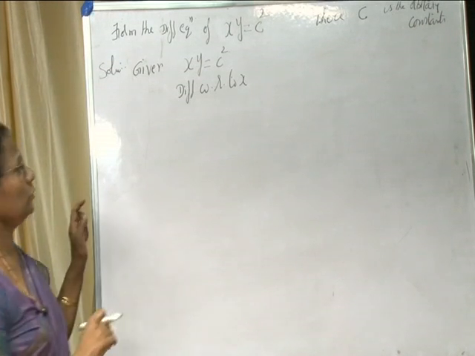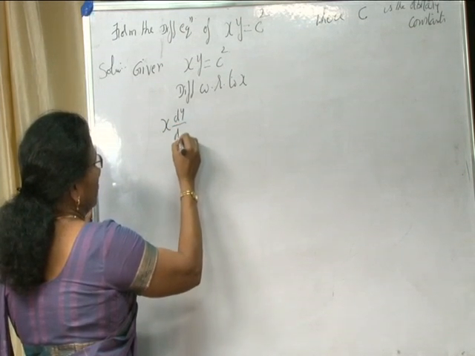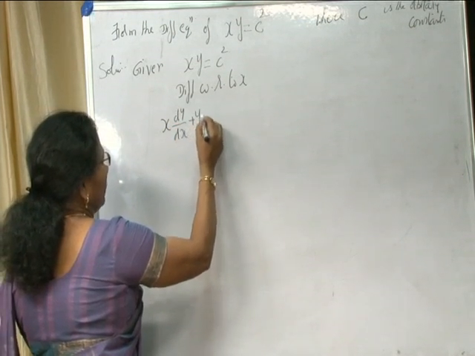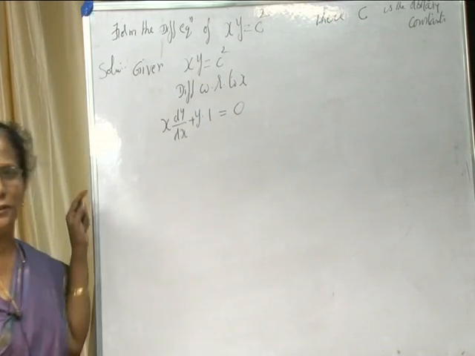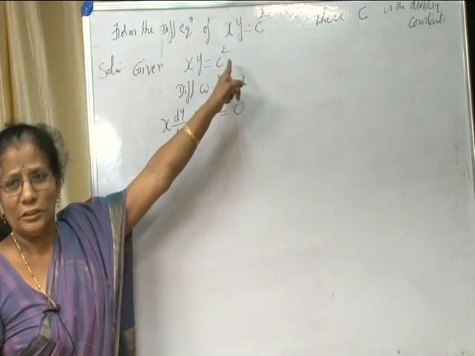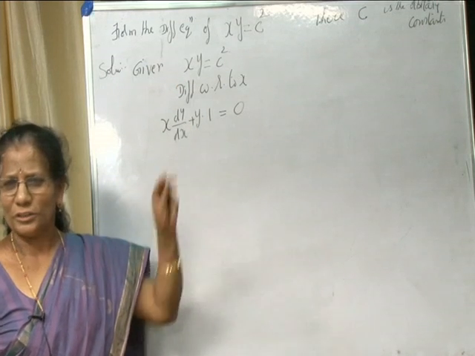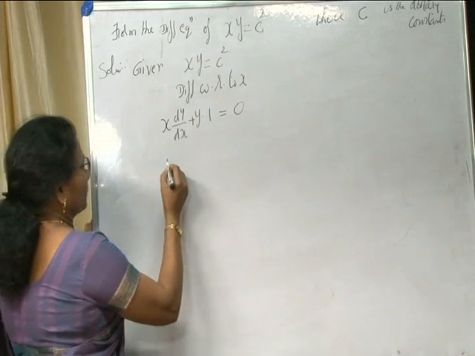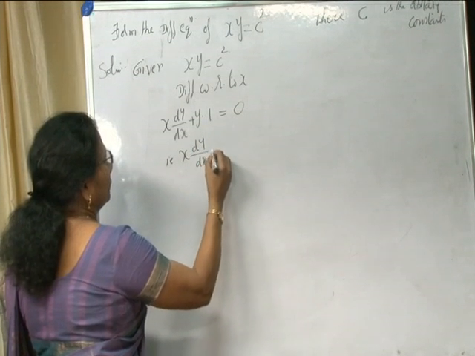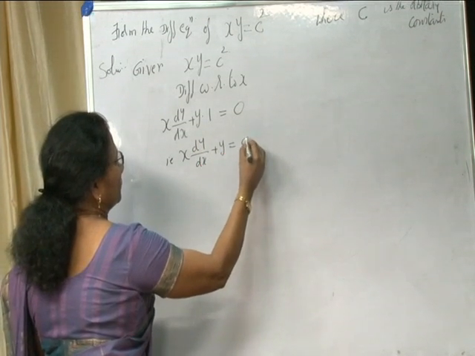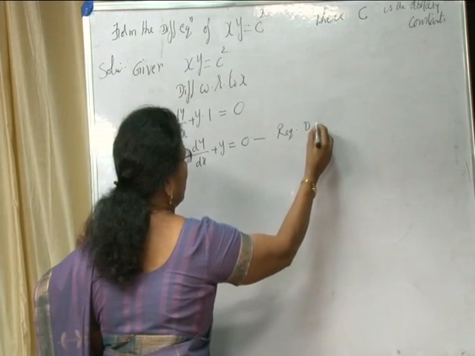Use the product rule. First one keep it as it is, derivative of the second one, plus second one keep it as it is, derivative of the first one. c is a constant, whatever it is, it may be arbitrary constant, absolute constant, it is a constant. Derivative of constant is 0, that is x into dy by dx plus y is equal to 0. This is the required differential equation.